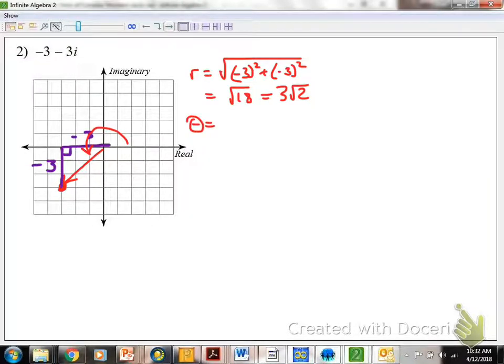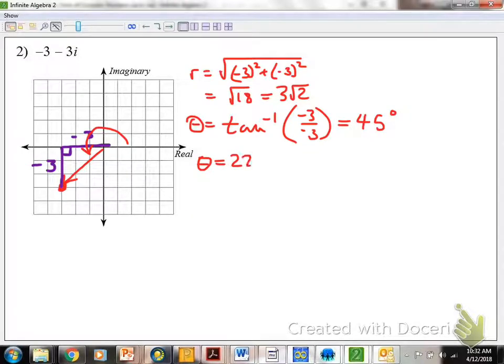Now, theta is the inverse tangent of b over a. That's negative 3 over negative 3. Using your calculators, if you had to, the inverse tangent of 1 is 45 degrees. 45 degrees in quadrant 3 is 225 degrees.